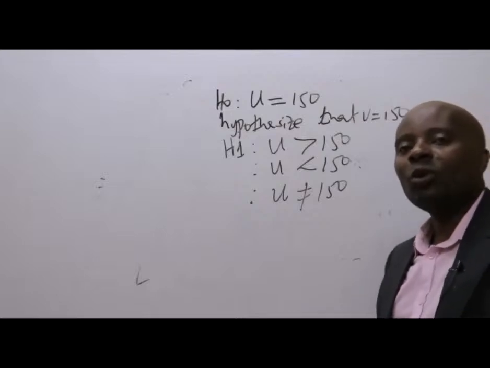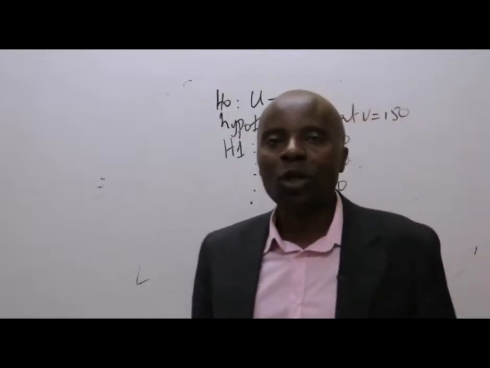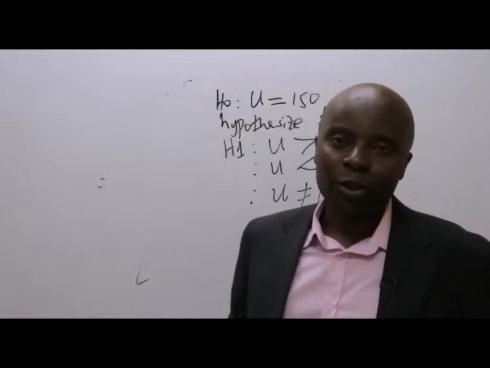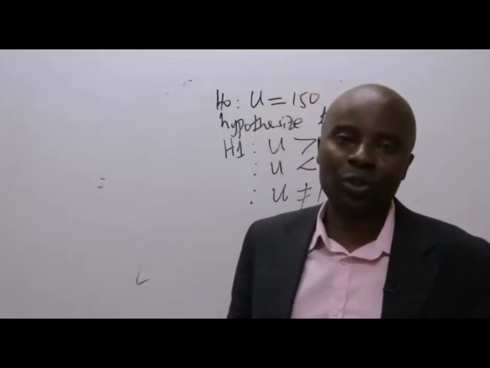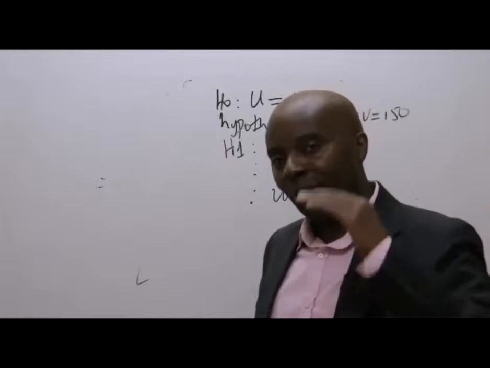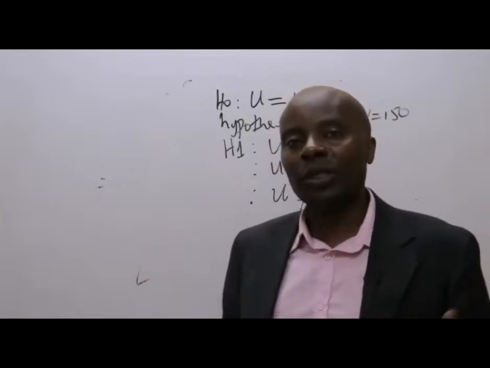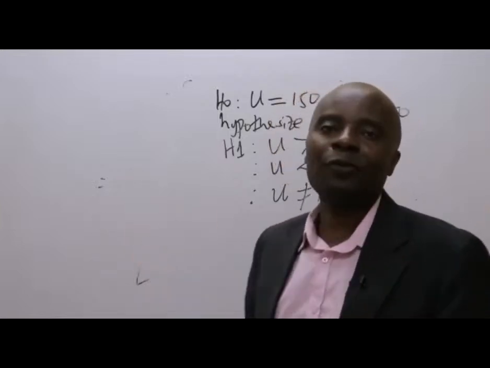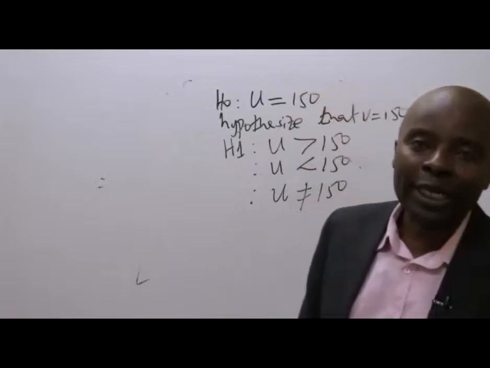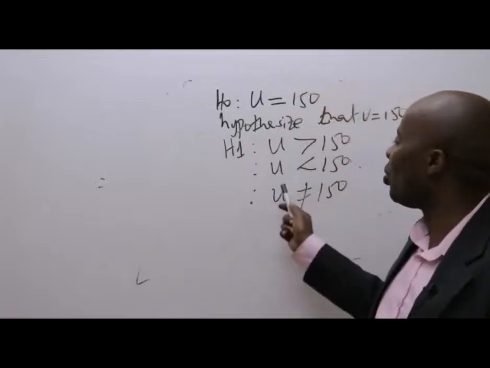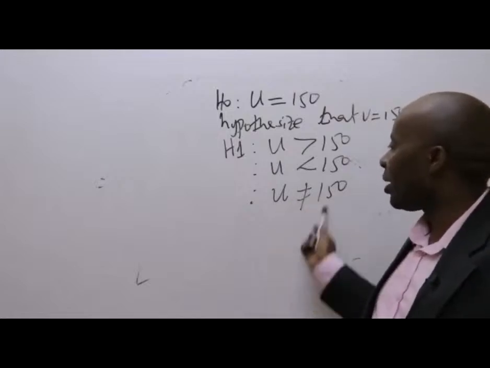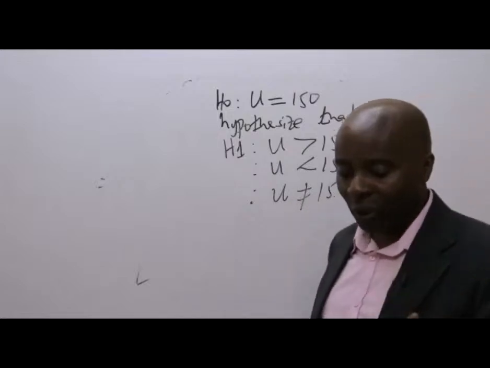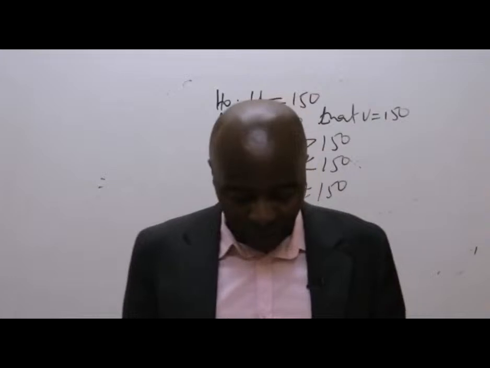When I go to Summit to assess the heights of the students, the students that I'll get will be taller than this, and other students will be shorter than 150. So the proper alternative hypothesis that we need to put down is this one here. Give me a title there, the alternative hypothesis.